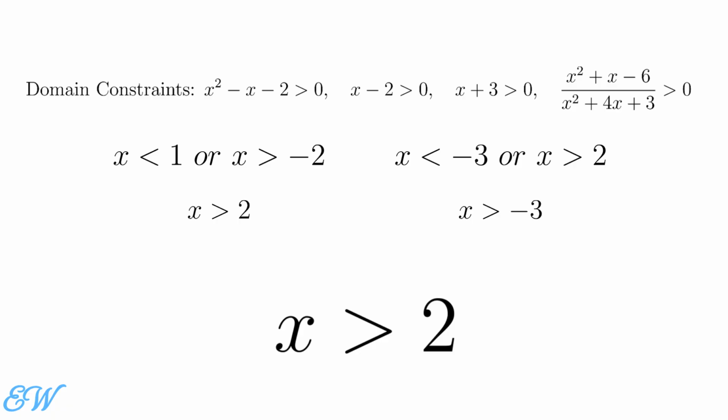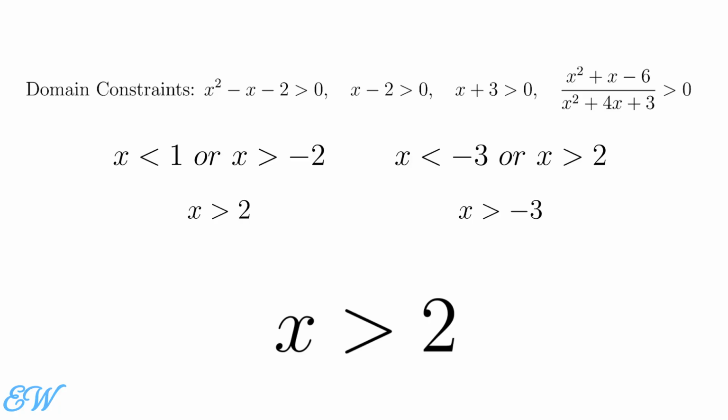Since the number inside of the brackets of a logarithm must be greater than 0, we must look at domain constraints. So we can set every value inside each of the logarithms in our equation greater than 0. By doing this, we can ensure that we have an answer that actually works in our original equation. In our first inequality, we see that x must be less than negative 2 or greater than 1.